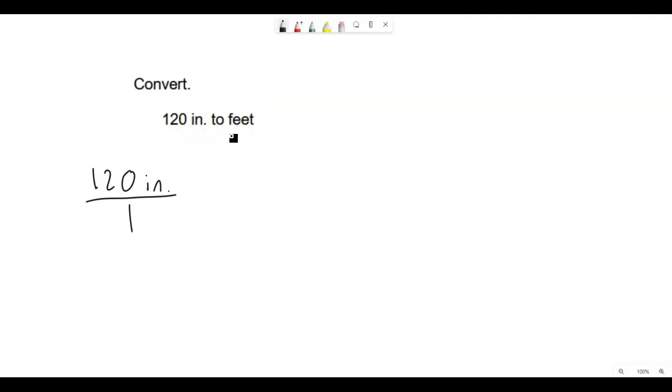Now hopefully I can get two known quantities, both inches and feet, that are equal to each other, and then I can set up the unit fraction. So notice that 12 inches is equal to 1 foot, and we can write it down like this. Hopefully we may have known this already, but if not, you can always have a conversion chart with you. If we know that 12 inches is equal to 1 foot, I can set that up as two distinct unit fractions.